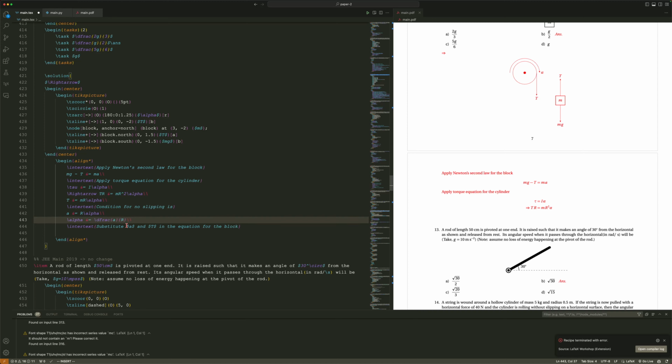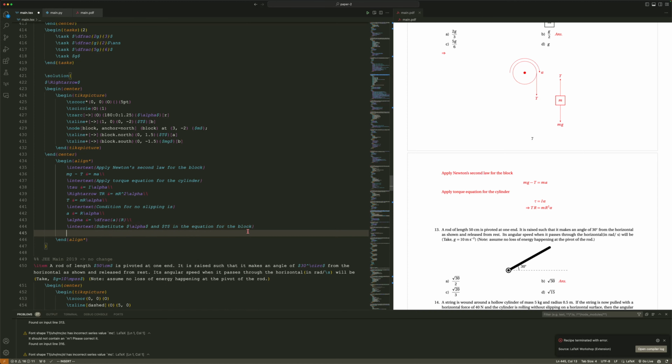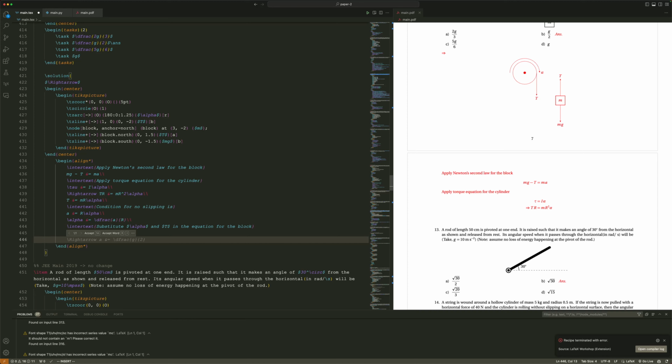Then we put alpha and T in the equation, and this should provide the proper solution. Yes, this is the best. And then we get the acceleration as g by 2. Yes, it's right.